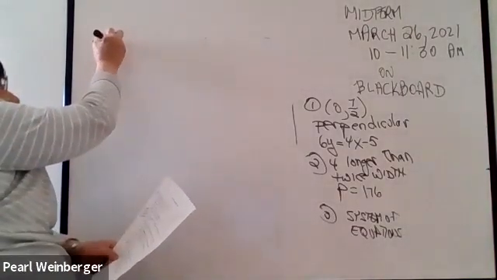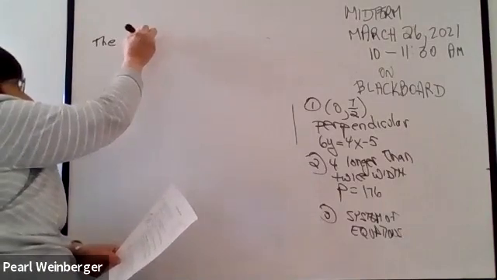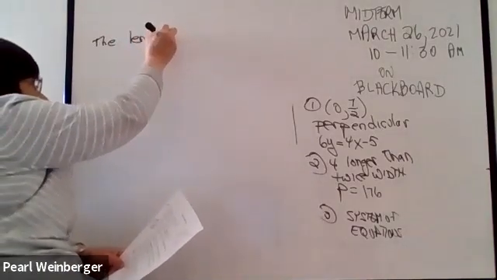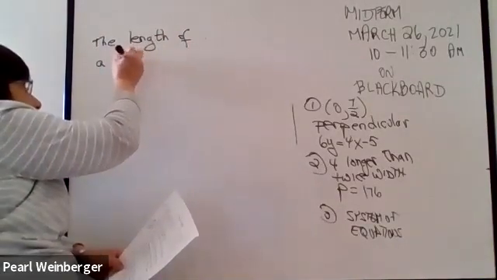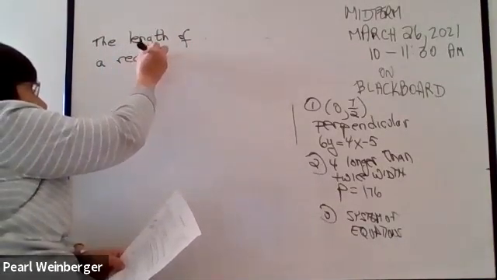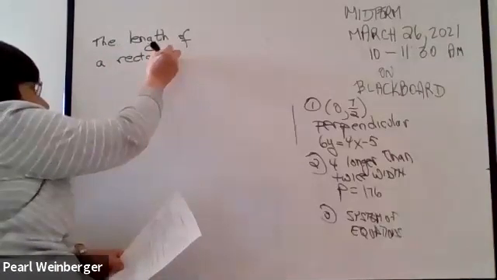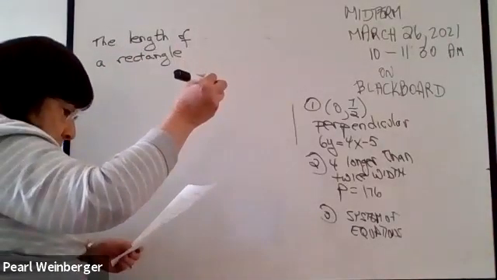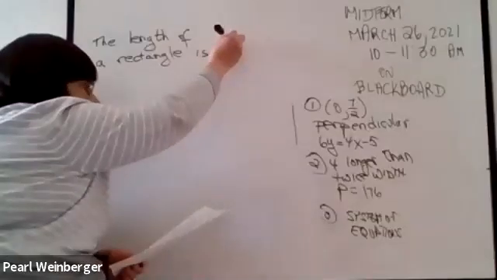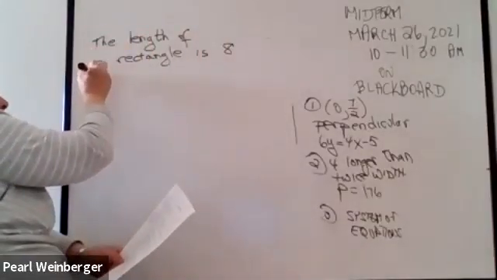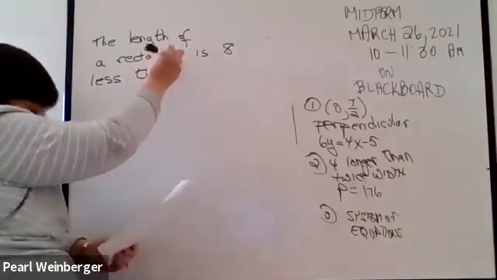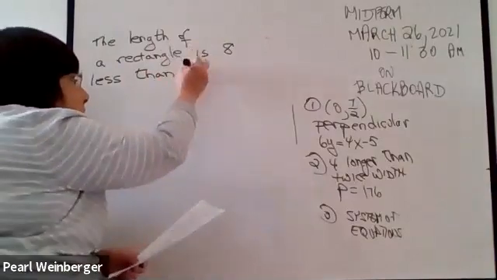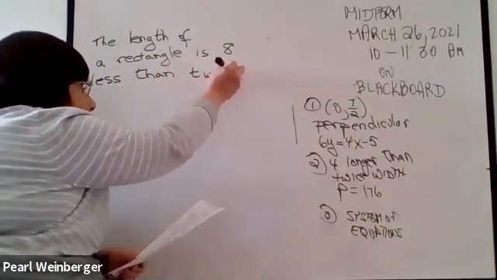The length of a rectangle is 8 less than twice its width.